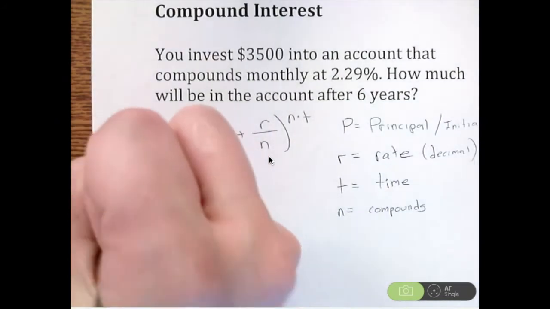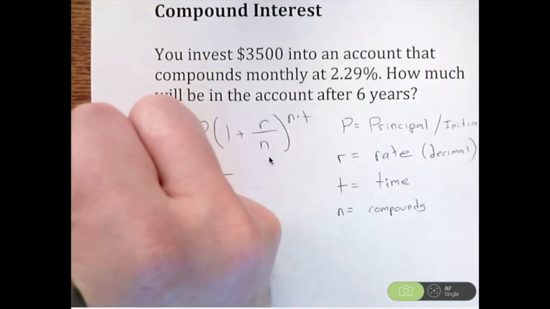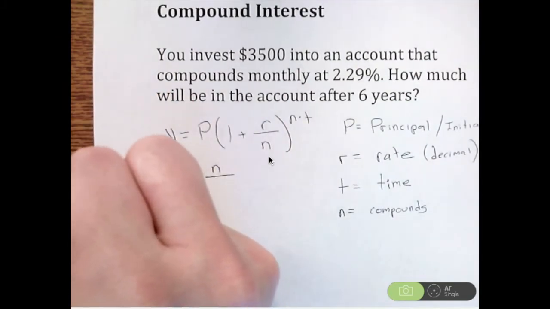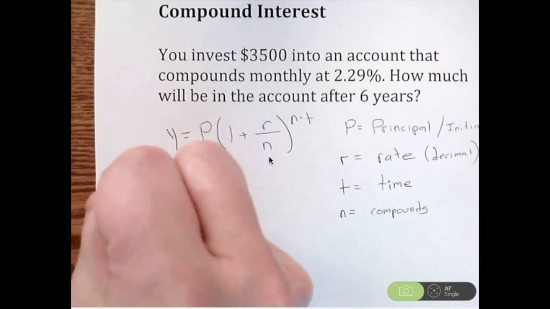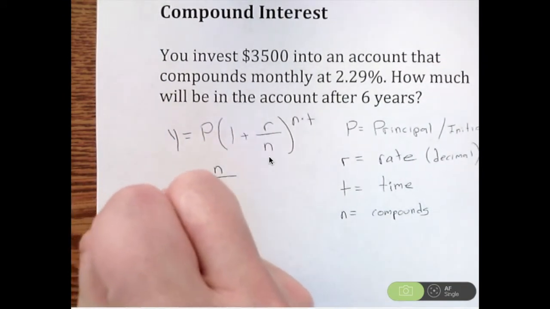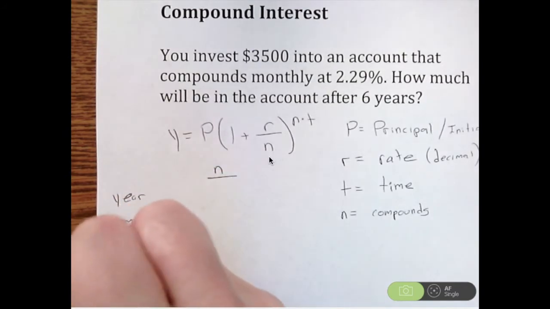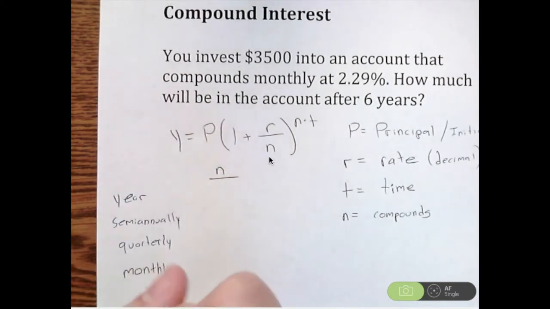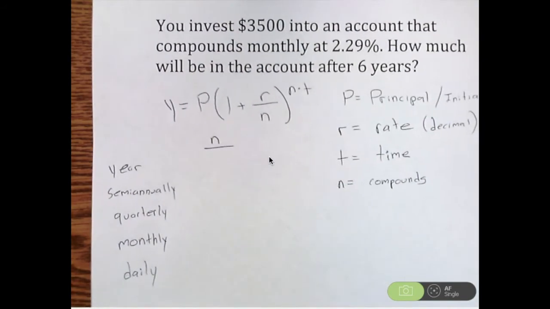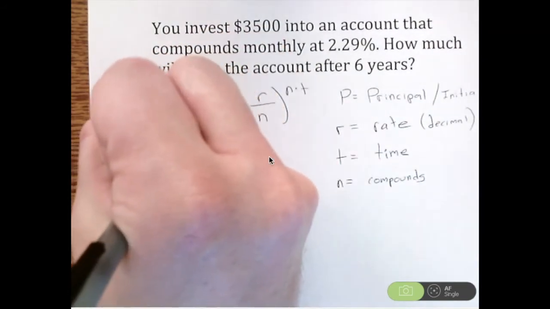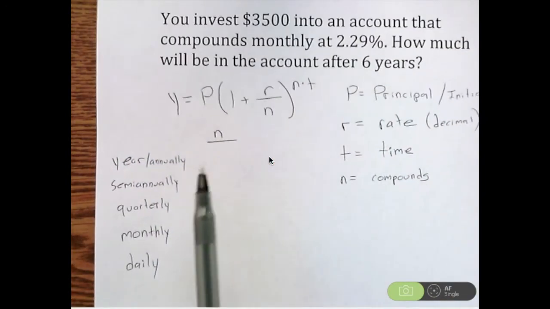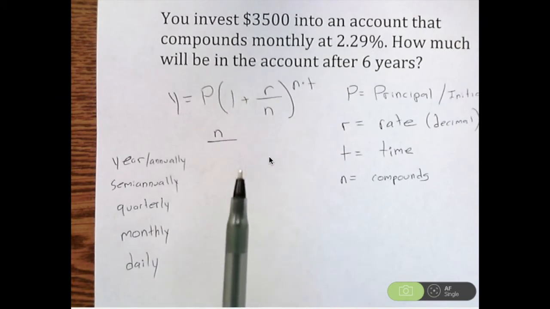The common vocab is you'll see compounded annually or yearly, semi-annually, quarterly, monthly, and then daily. Those are the common language you'll see in the problem, and these words are basically telling you what N is.